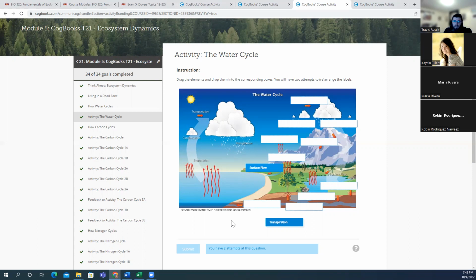Would that be in the form of like rain? Is it from the plants? Yeah, this is actually kind of like respiration, right? This is when plants lose water to the environment. So this would go here.